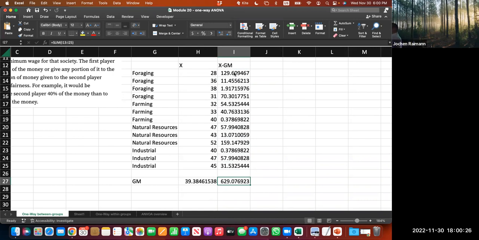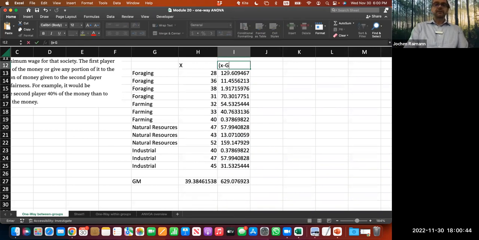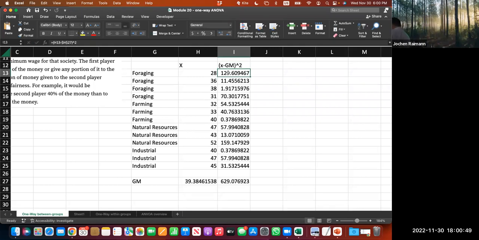The annoying part is that you need to transpose from a wide format to a long format, and then calculate the individual scores from your grand mean. So this is x minus grand mean squared. These are your squared deviations, and this is the total sum of squares, 629, that you will be using moving forward.